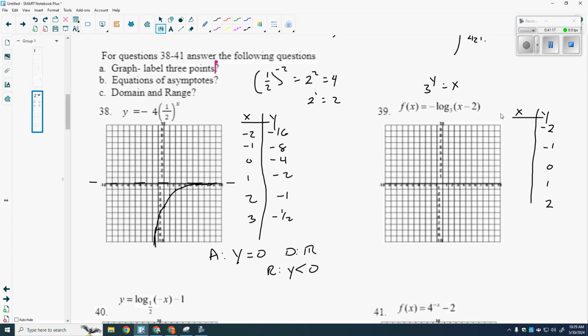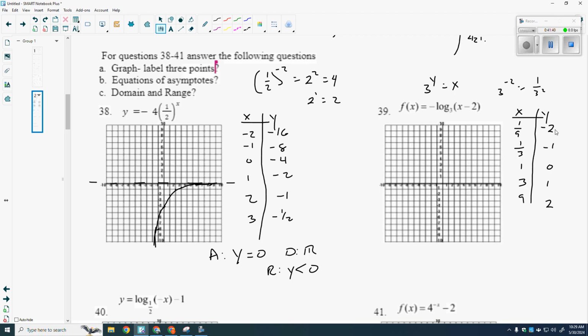This one I'm going to do a little different. So if y is -2 in this equation, x is 1/9 because it means 1 over 3 squared. Negative first means 1 over 3 to the first. Anything to the 0 power is 1. 3 to the first power is 3, 9, 27, etc.